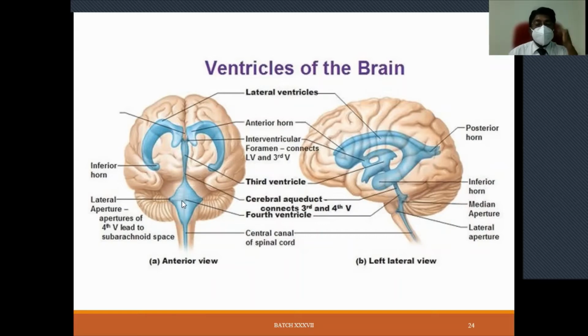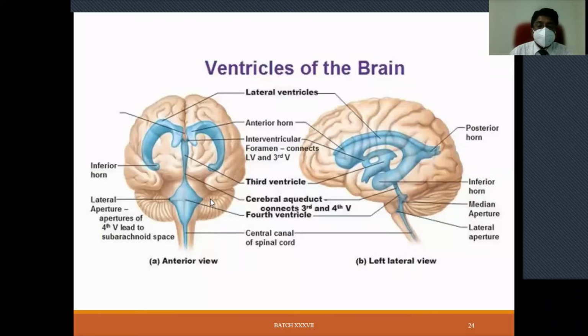In addition to that, this fourth ventricle connects to the space called the subarachnoid space of the meninges, which will be discussed later, through two lateral apertures.